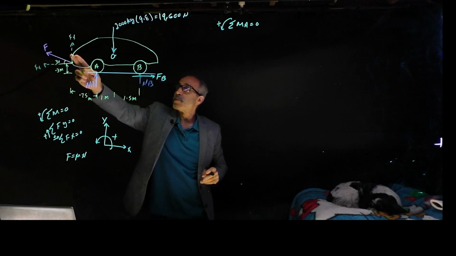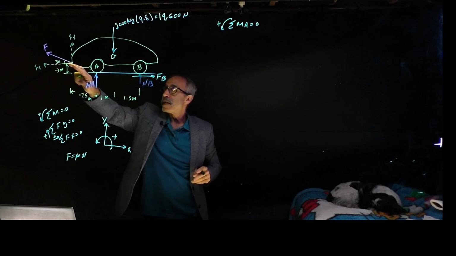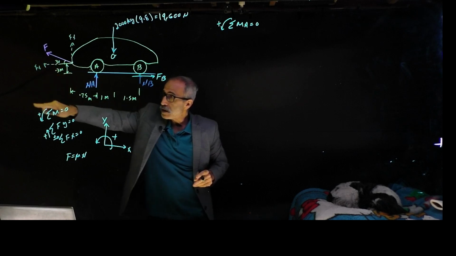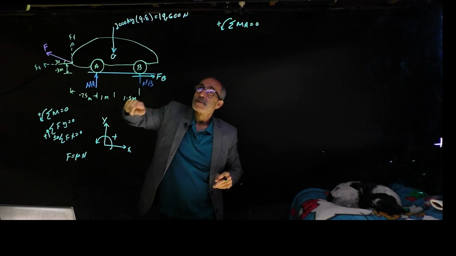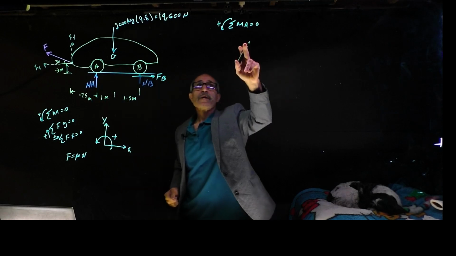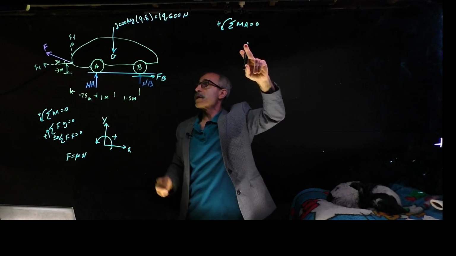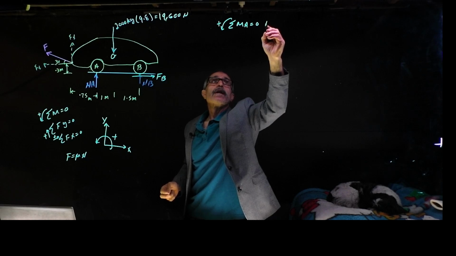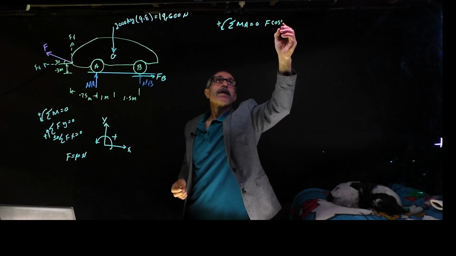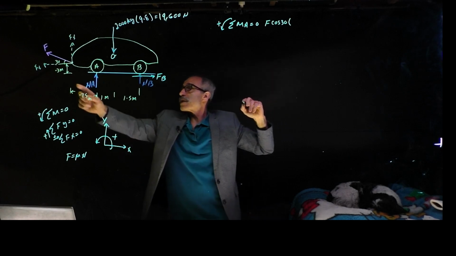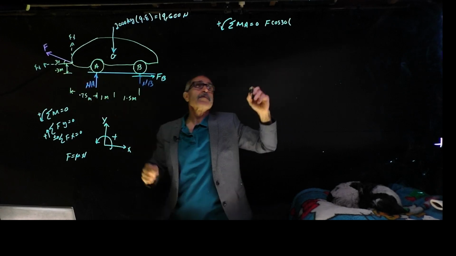So let's go to the F of x first. So that's going to rotate this way. And see that? It's positive rotation. So the F of x part is going to be F cosine 30, multiplied by the distance that it's going to rotate, which is 0.3 meter.